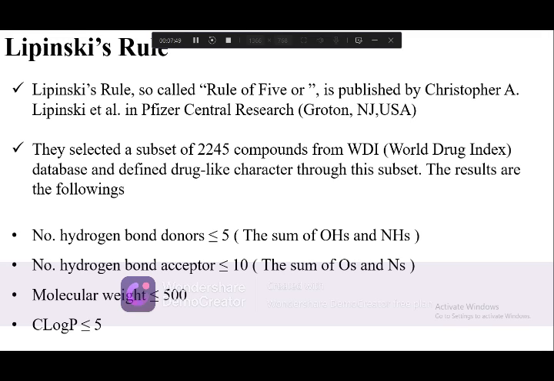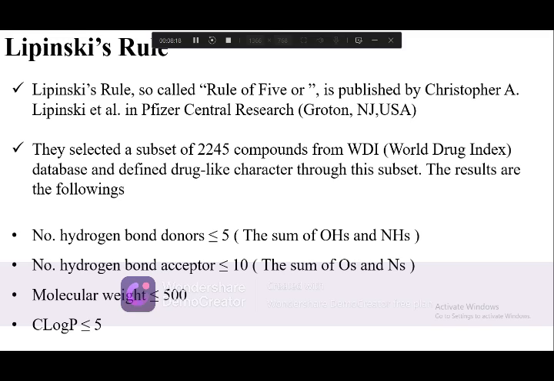Lipinski's rule was based on the oral bioavailability of compounds. You can see the rules he set: number of hydrogen bond donors not more than 5, hydrogen bond acceptors not more than 10, molecular weight not more than 500, and C-log octanol-water coefficient not more than 5.